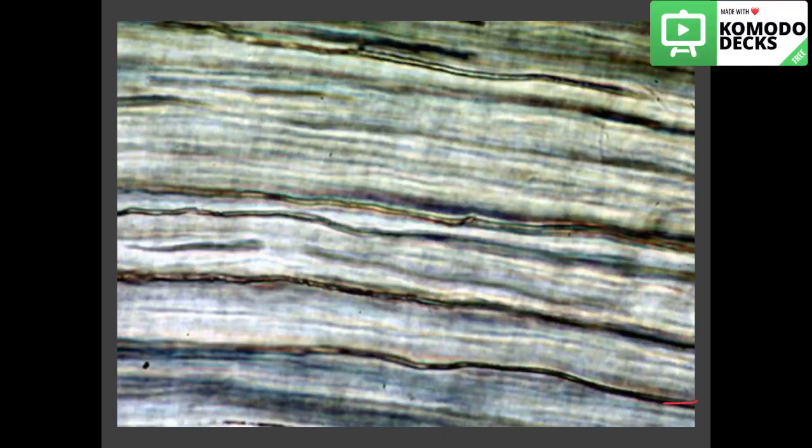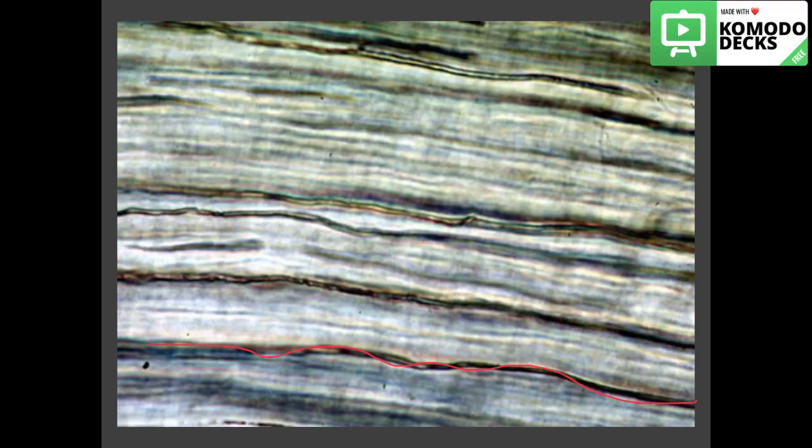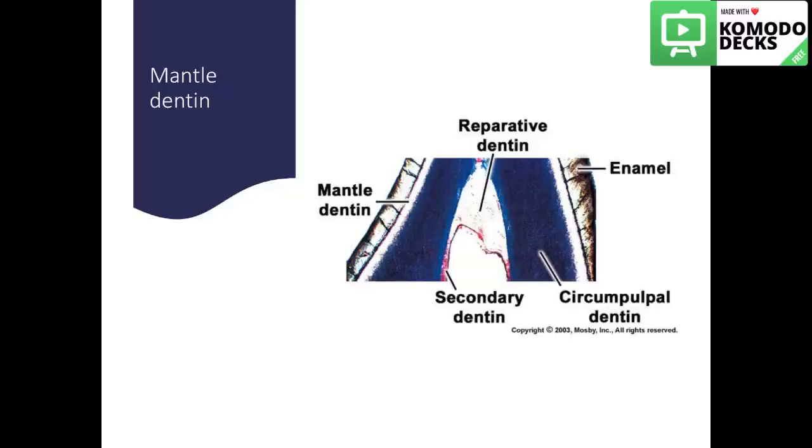A higher magnification shows how the tubules don't take a straight pathway. We discussed in the theoretical part how we have different regions of dentine that have different characteristics. The first layer we see near the enamel is called the mantle dentine, which is 20 to 150 micrometers in width.